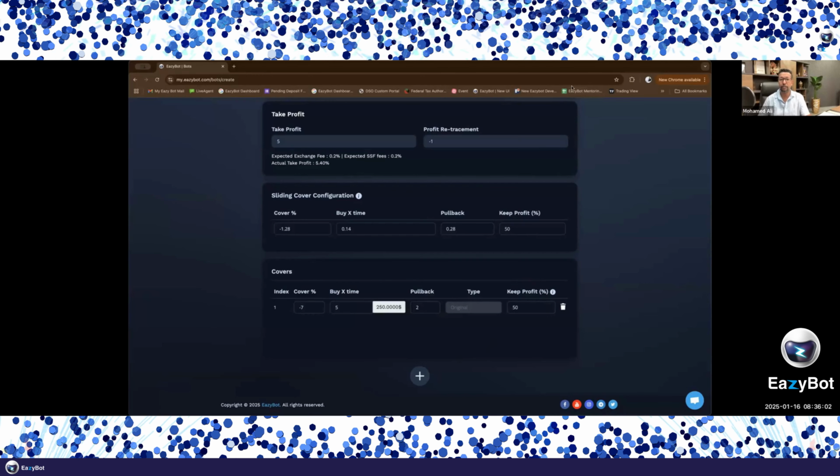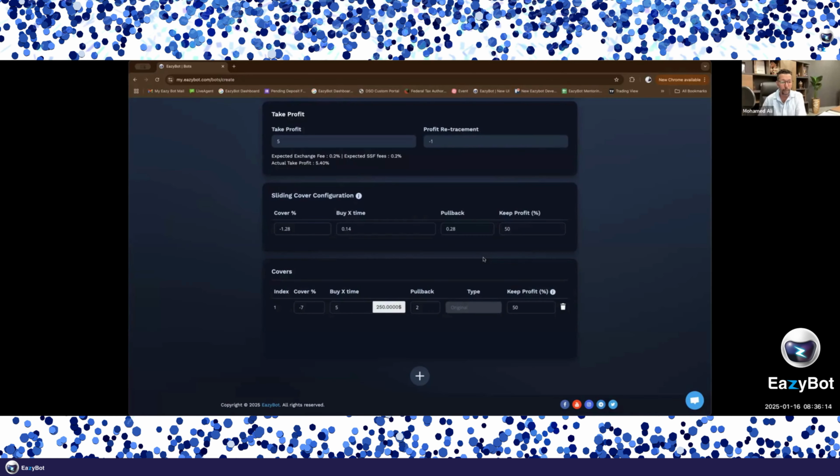Now let's reflect that on the chart. I'm going to write those parameters here so that we have it in front of our eyes. Okay, so let's add a cover 1 here. So we said cover 1 is with these parameters. We have the percentage drop equal to 7%.